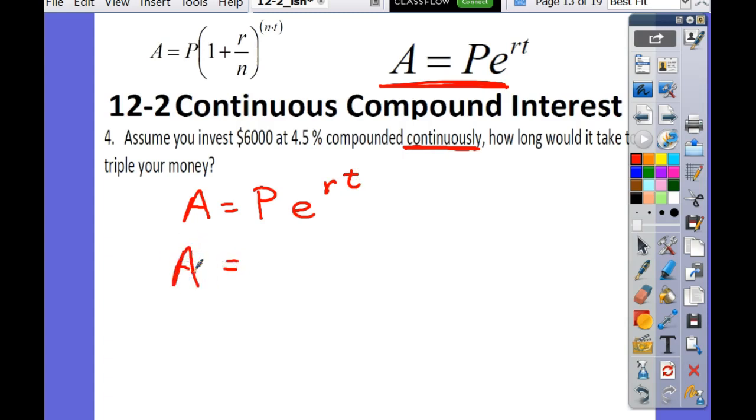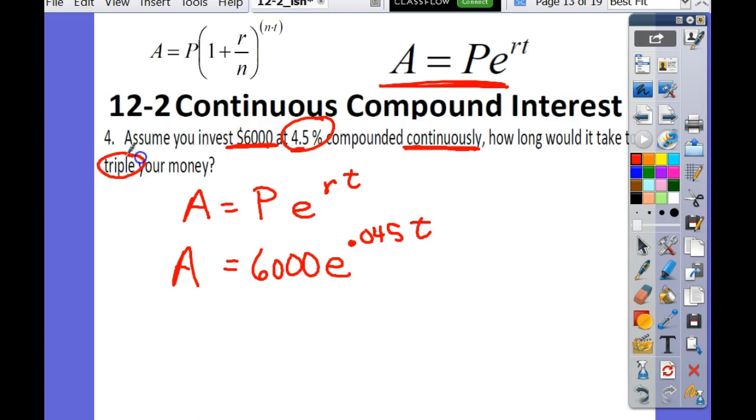In problem number 4, where am I going to put the 6,000? The 6,000 is what? P. R is this number divided by 100. Do we know what the T is equal to?